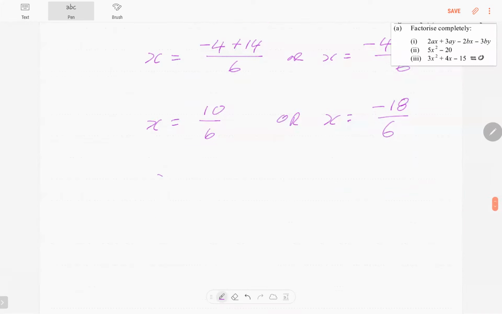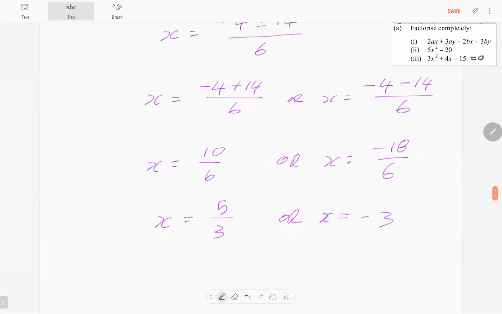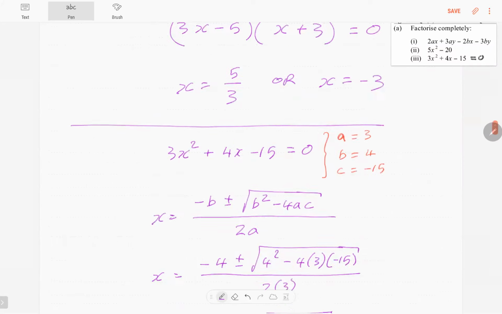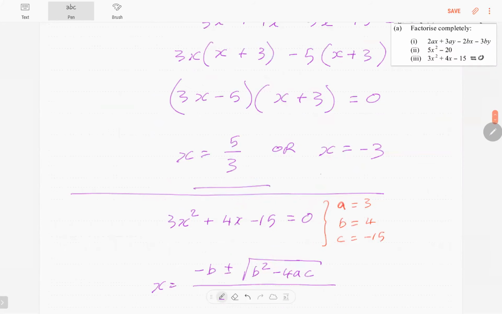Now x equals 10 divided by 2 is 5 and 6 divided by 2 is 3, or x equals 18 over 6, which is negative 3. See, same two roots, 5 over 3 and negative 3. Let's look back up here, right there. 5 over 3 and negative 3. Same two answers using the quadratic formula.